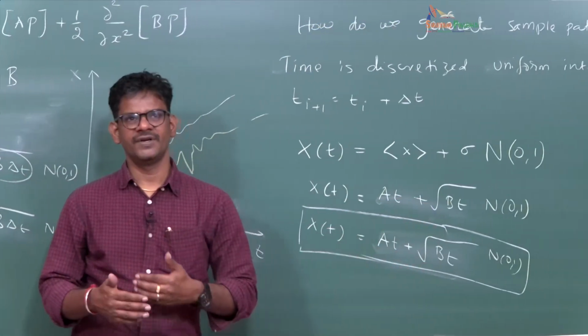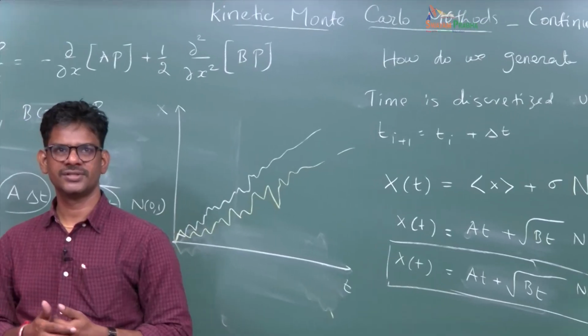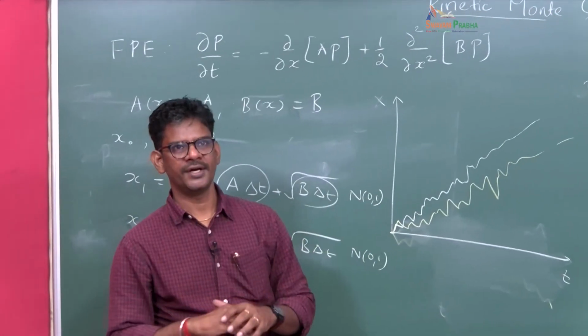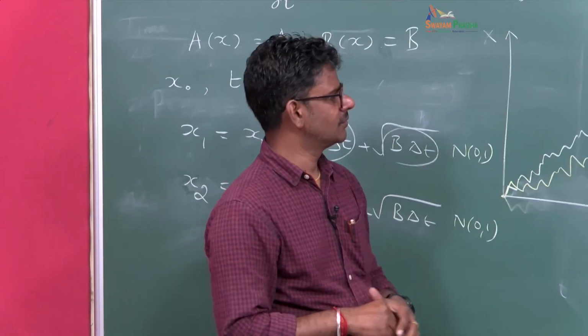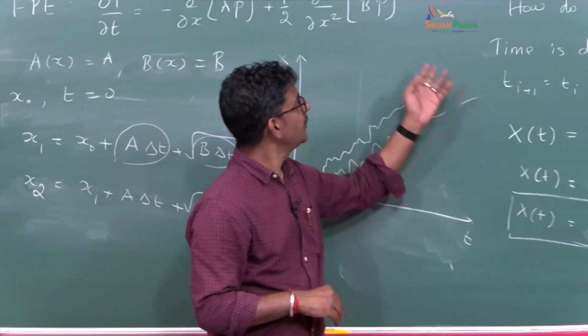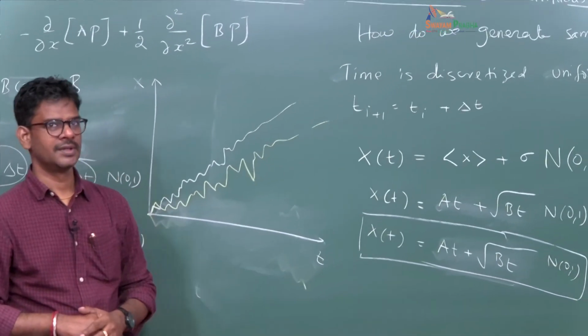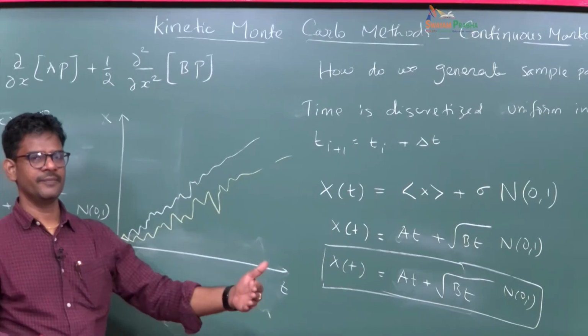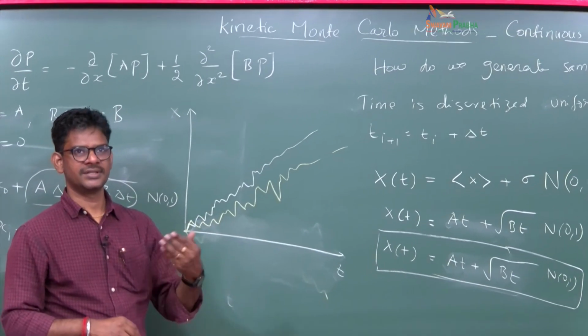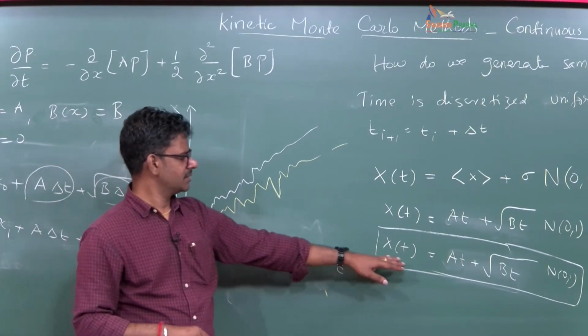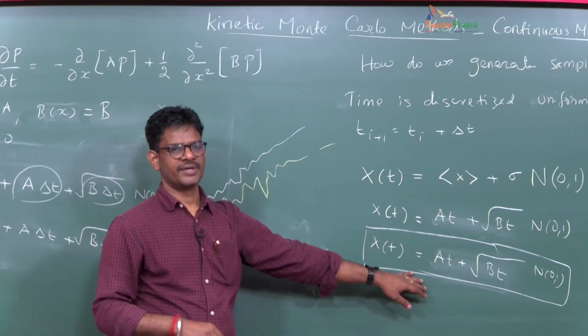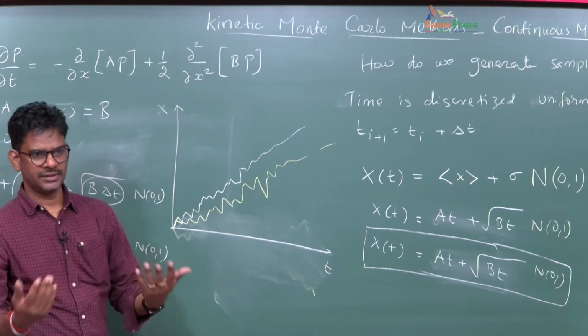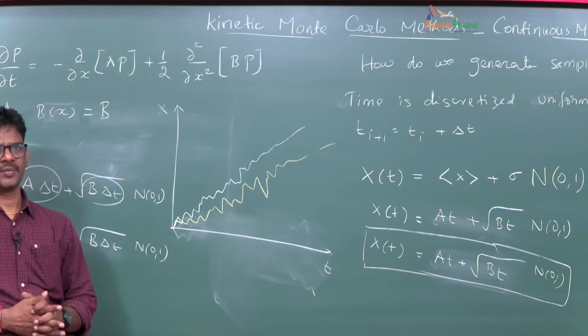Whenever we try to advance a process using a set of random numbers, we use this term Monte Carlo as a methodology. So that justifies why we call this a kinetic Monte Carlo. We have a process dynamically evolving, and this evolution depends on certain random number generation. In this case, we used a normal random variate, but there are other processes in which you may have a different kind of random number entering into the problem.